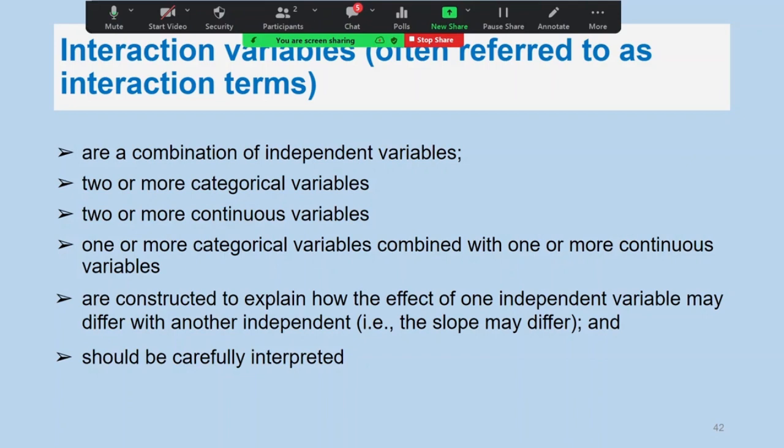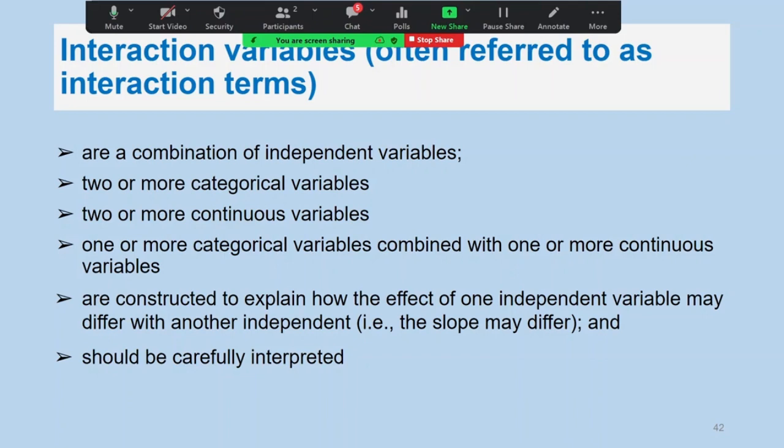Two or more continuous variables, right? You're combining two or more categorical with two or more continuous. So the two or more continuous, basically, it could be, again, enrollment, which is a continuous variable, and the amount of aid, which is a continuous variable, or income, which is a continuous variable. You're combining the two.